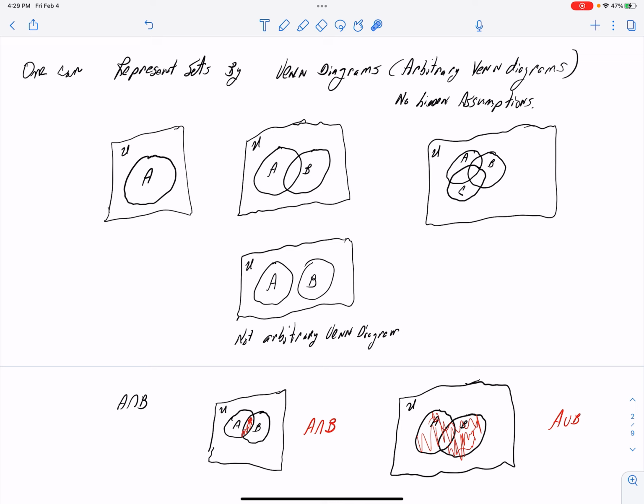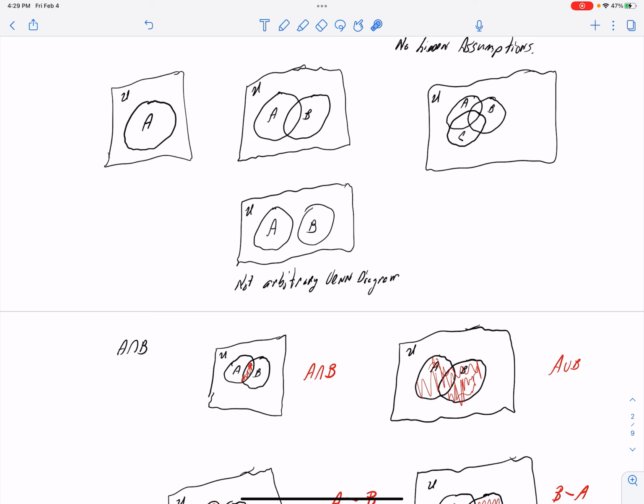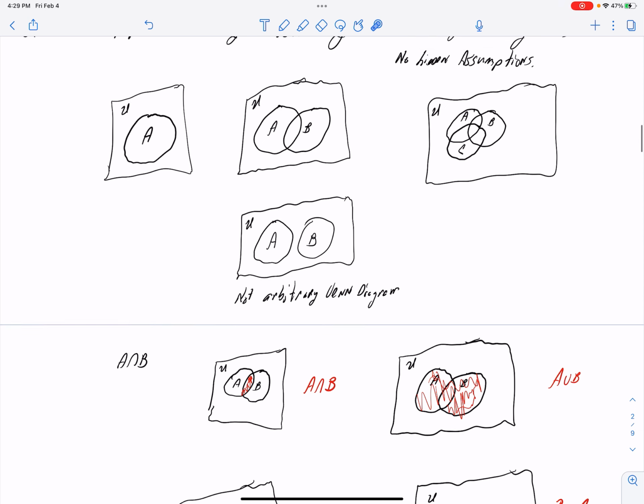If you draw a Venn diagram of two sets and it looks like this, that's not an arbitrary Venn diagram because it's got a hidden assumption. What's the hidden assumption? That those two sets don't overlap. Okay, so here's an arbitrary Venn diagram of two sets.